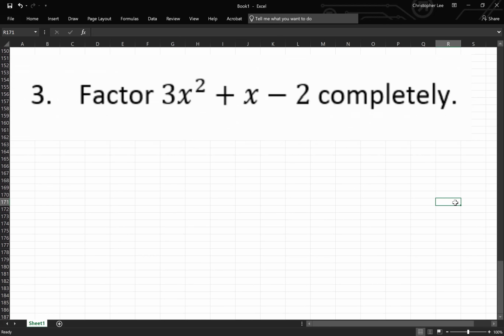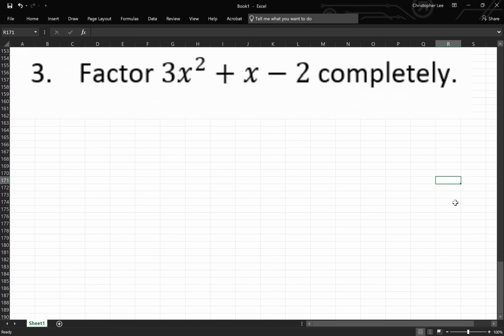So Warren, since you mentioned quadratic, here you go. Do your AC method. Okay, that's fine.